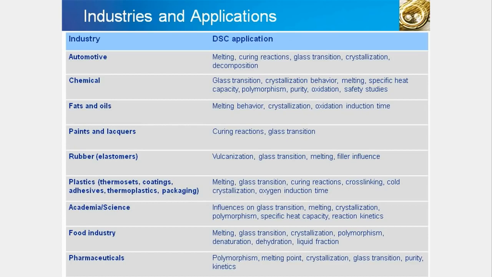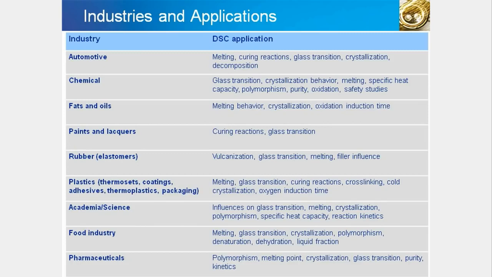DSC has many potential applications and is used in a wide range of industries. This slide presents an overview of the different industries and applications. The table shows that DSC is widely used to determine the glass transition and investigate chemical reactions, melting, and crystallization.